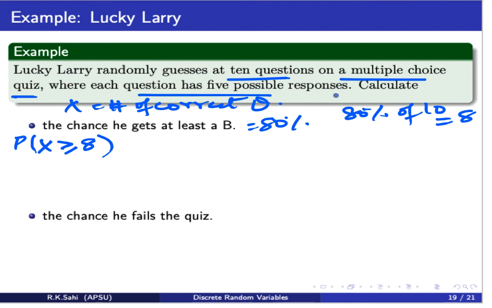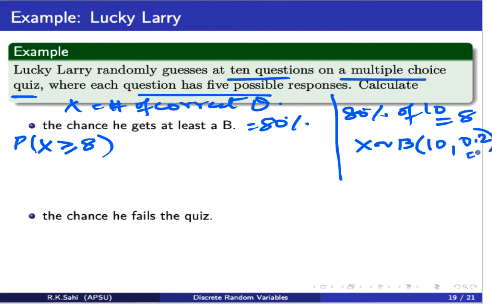Now remember, this X is a binomial random variable because there are only two choices, getting correct or incorrect. And every question has equal probability of success, which is one possible correct answer out of 5. So the probability of success is 0.2, which is 1 over 5. Let's write that down: n is 10 and p is 0.2.